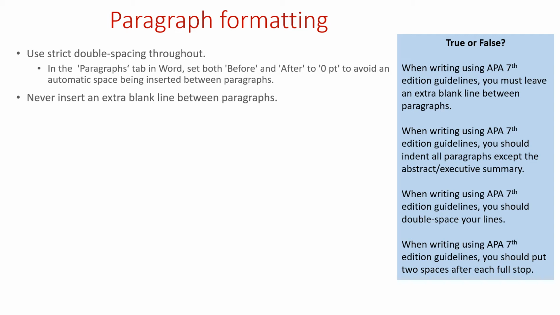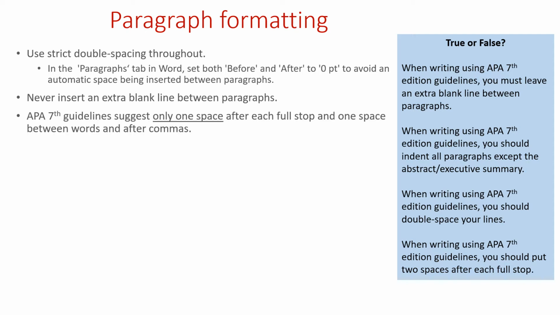So there shouldn't be any extra space between paragraphs apart from the double spacing. Okay, so that's the second point. Never insert an extra blank line between paragraphs. The only thing that should be between paragraphs is your double spacing, which is between every other line as well.